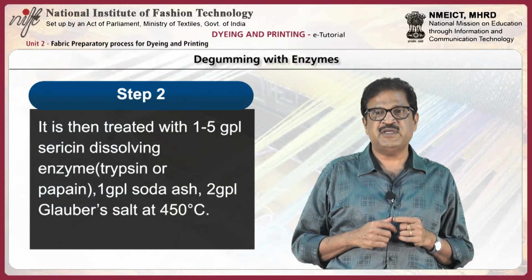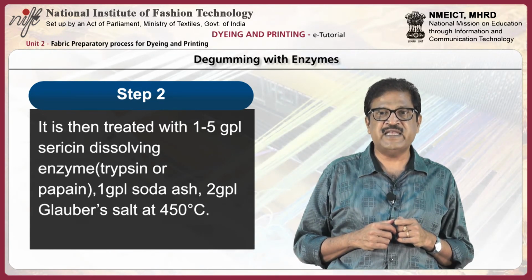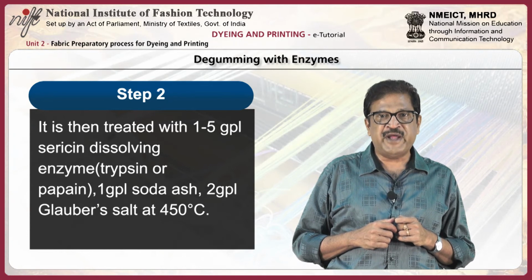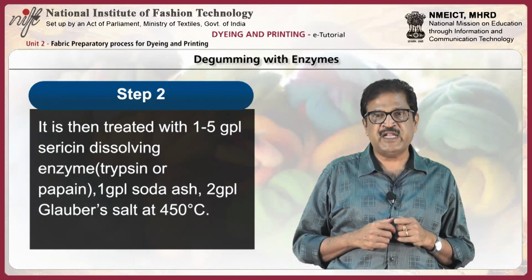In the second step, it is then treated with 1 to 5 grams per liter sericin dissolving enzyme, that is trypsin or papain, 1 gram per liter soda ash, 2 grams per liter Glauber salt at 45 degrees centigrade.